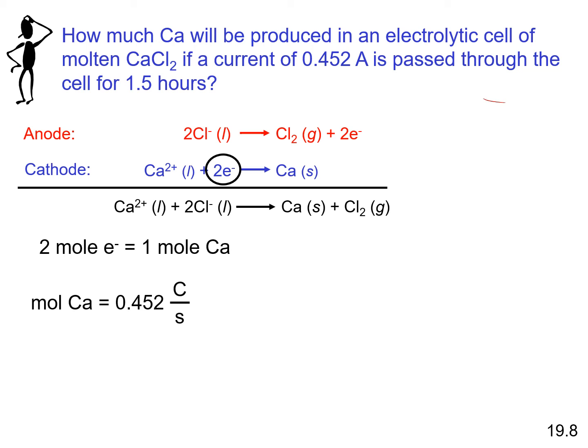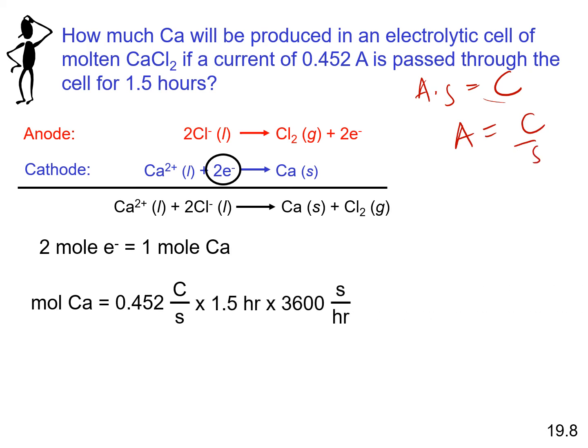Remember, we have ampere times second is equal to coulomb. Okay, so ampere is just equal to coulomb per second. So we multiply the number of hours and then convert into seconds. So the remaining unit now is coulomb.